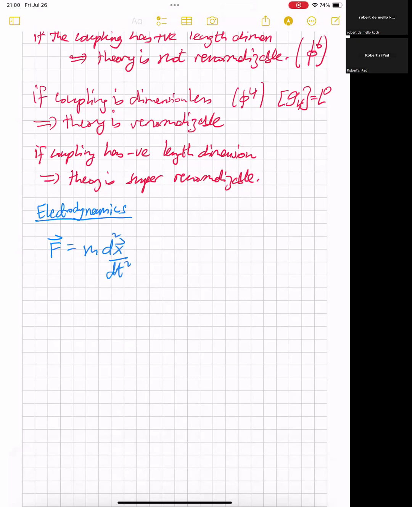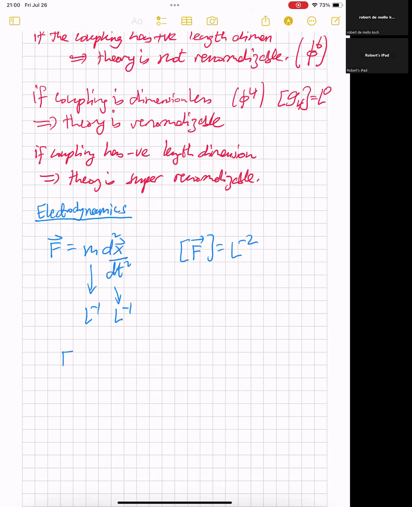So in our units, mass is a length to the -1. And this is an acceleration, which is a length over time squared, or equivalently, because time is now measured in length, that's also a length to the -1. So in our units, forces are length to the -2, okay?